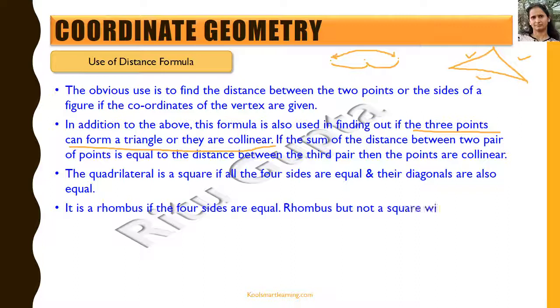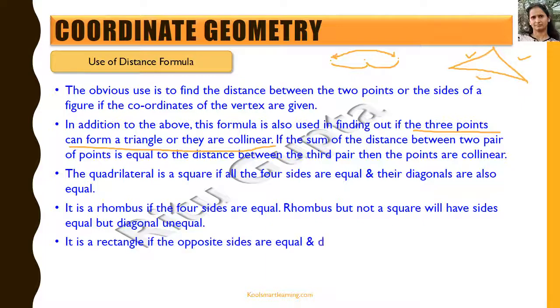The quadrilateral will be a rhombus if all the sides are equal but the diagonals are unequal. So we can distinguish whether it's a square or a rhombus, given the coordinates of the 4 vertices of the quadrilateral. We can also find out whether it's a rectangle, because if the opposite sides are equal and the diagonals are equal, then it's a rectangle.